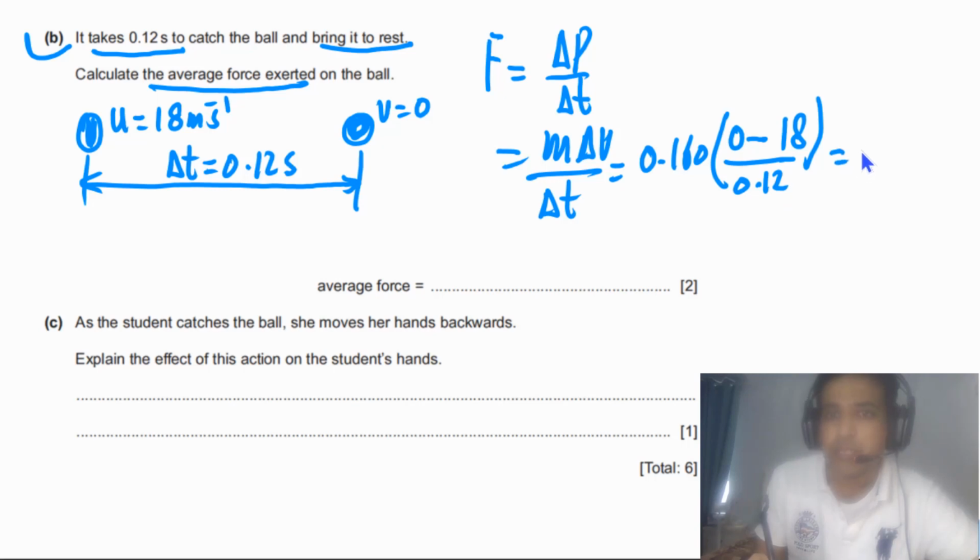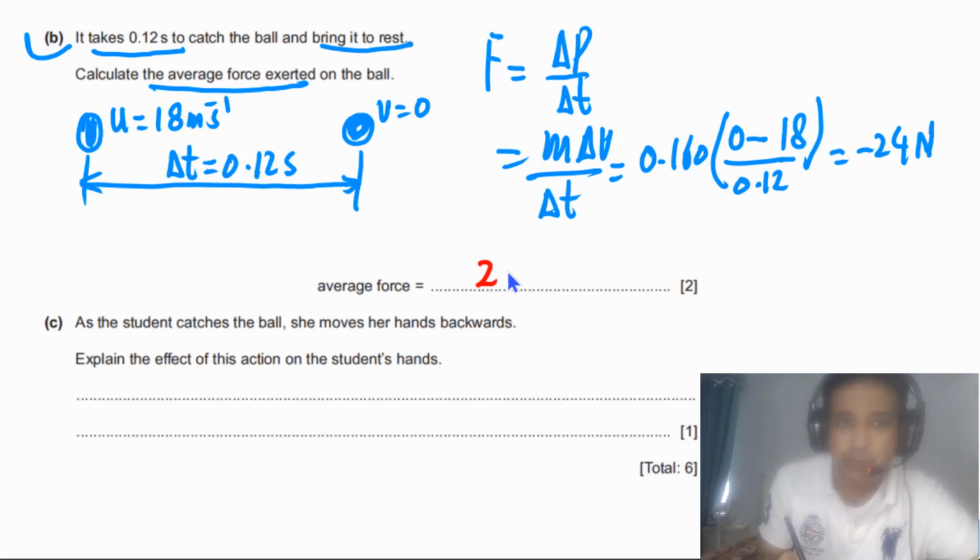So in this case, we will get an answer that is equal to 24 newtons. This negative sign simply tells us that force is applied in the opposite direction of motion of the ball. And the question is simply asking us the magnitude of the force, so you can say 24 newtons. So this is how you can approach this type of problem.